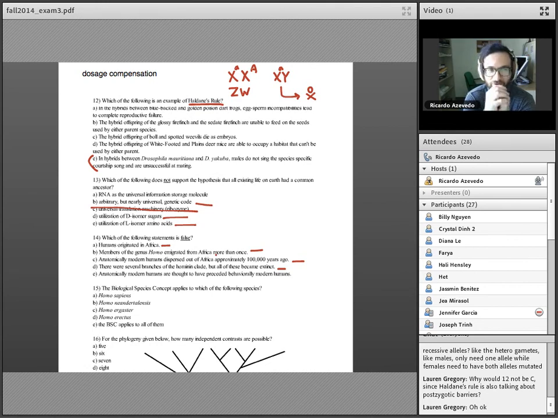It just tells you there is a post-zygotic barrier between the two species, right? As opposed to E, where males cannot sing, and so that is a post-zygotic barrier as well, an extrinsic post-zygotic barrier affecting males.